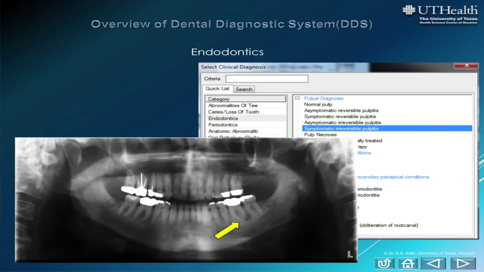This 27 years old female patient presented with pain symptoms with drinking hot and cold, and on clinical examination exhibited tender to percussion to tooth number 19. After thorough medical and dental evaluation, diagnosis determined to be irreversible pulpitis of tooth number 19.